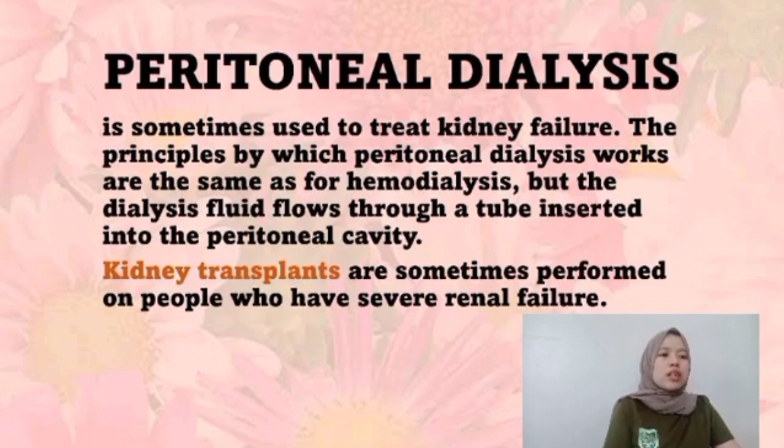Kidney transplants are sometimes performed on people who have a severe renal failure. Often the donor has suffered an accidental death and had granted permission to have his or her kidney used for transplantation. The major cause of kidney transplant failure is rejection by the recipient's immune system.